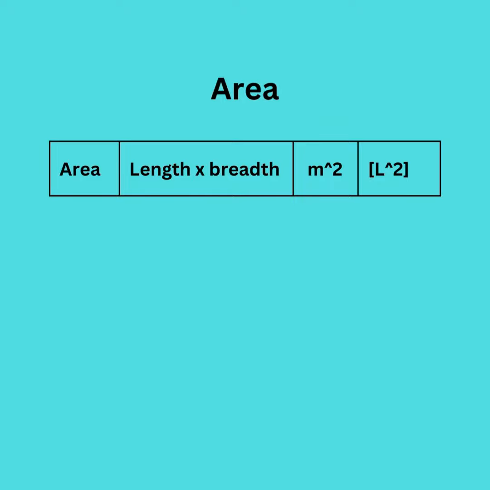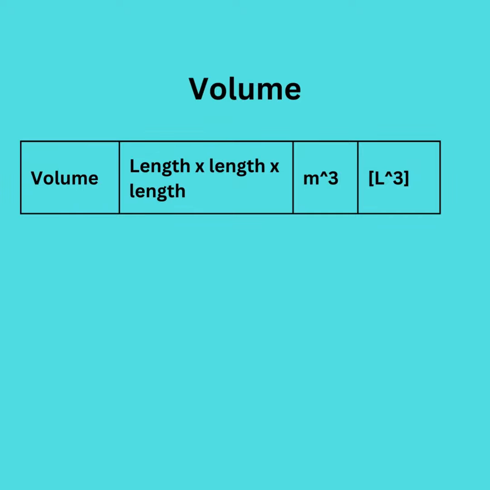Next, coming to our next physical quantity, volume. How will you find the volume here? Volume is a three-dimensional quantity, so you will have three measurements: length, breadth, and height also.